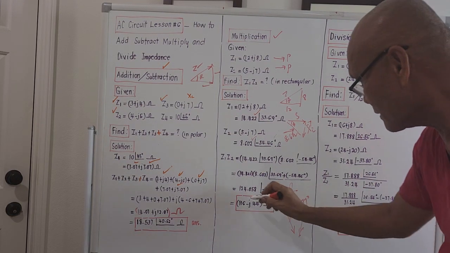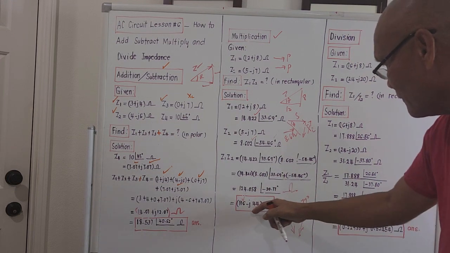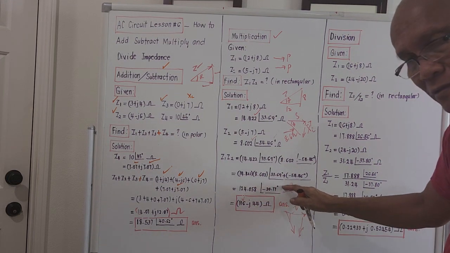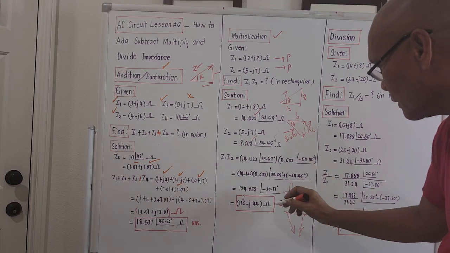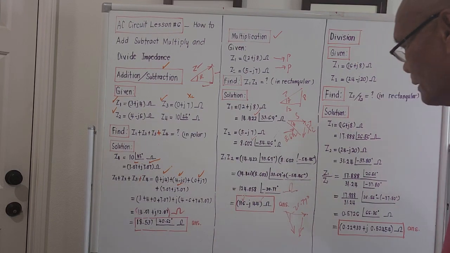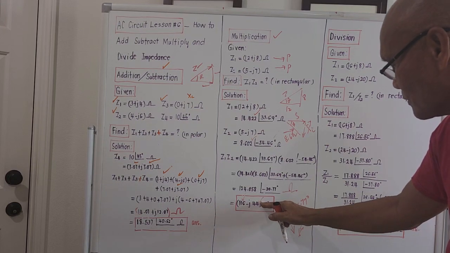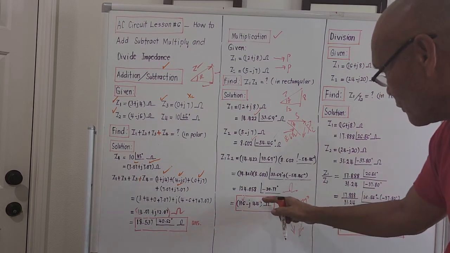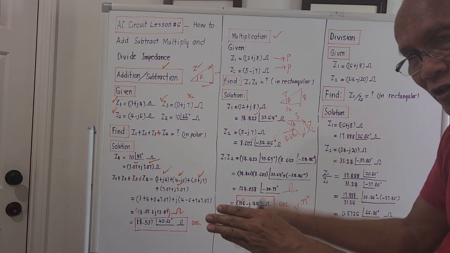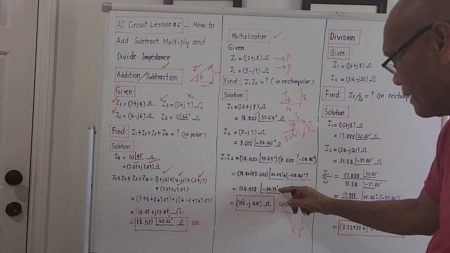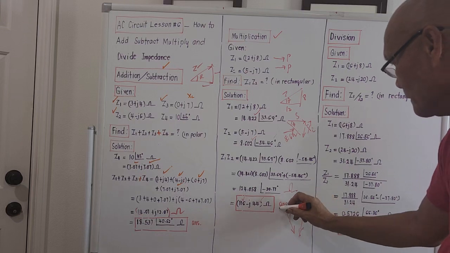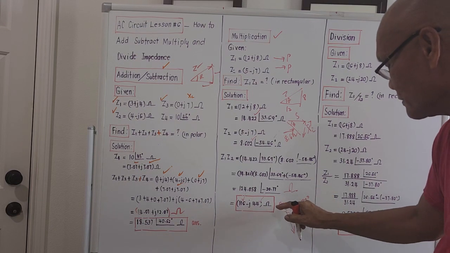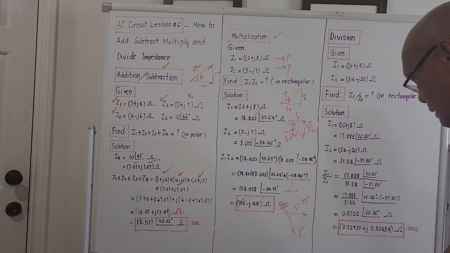What will come out is 116. For the imaginary part, take the sine of this multiplied by the magnitude. What will come out will be 44. This 44 should be less than 116 because 44 over 116 is less than 1, since our angle here is less than 45 degrees. So this is our final answer in rectangular form.